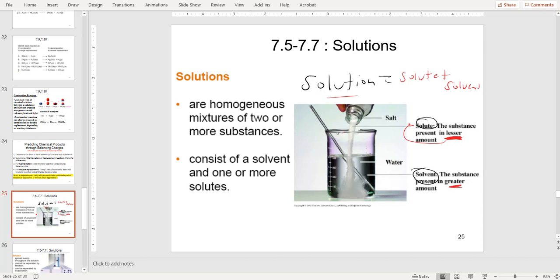The greater amount is considered the solvent. And then, again, solution is the sum of solute and solvent added together. So in the example right here, it looks like there's a lot more water than there is salt. So water is the solvent, and salt is the solute, and together that's a solution.